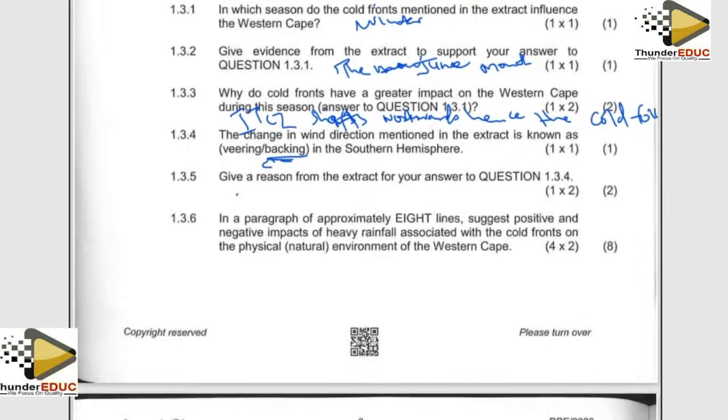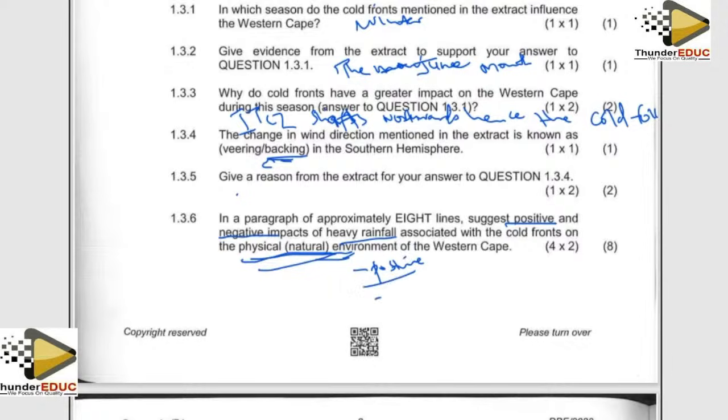So in the paragraph of 8 lines, it suggests the positive and negative. We're talking about the positive and negative impact of heavy rains associated with the cold front on the physical environment. They need the physical environment. So the positive one, I will start with positive.